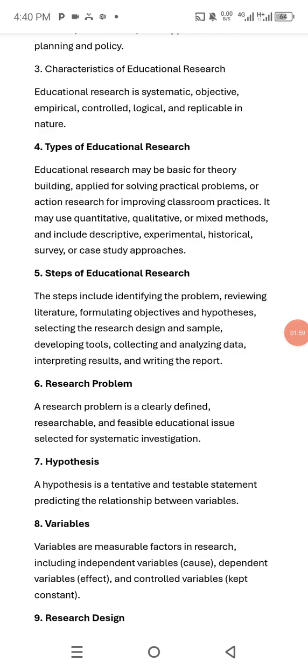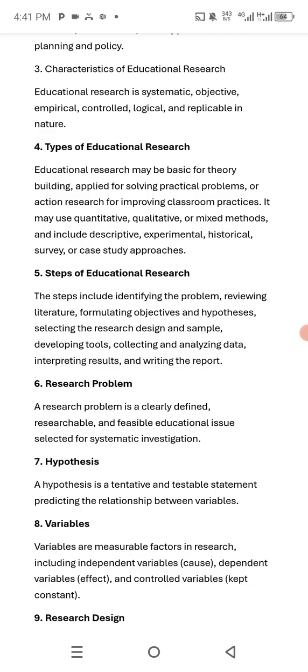The steps include identifying the problem, as we have said, reviewing the literature, formulating objectives and hypotheses, selecting the research design and sample you have to use, developing tools, collecting and analyzing data, interpreting results and writing the report as well.